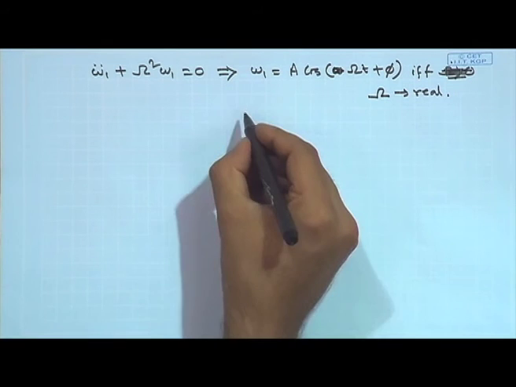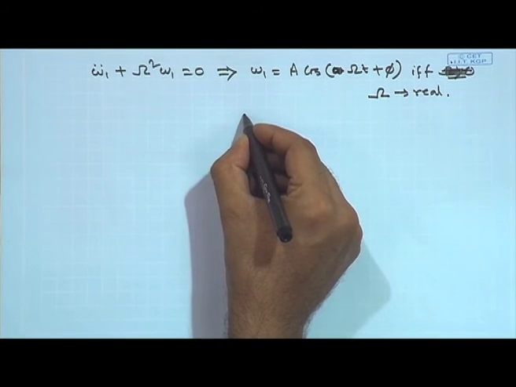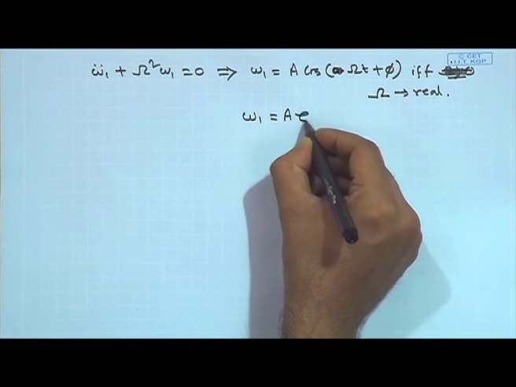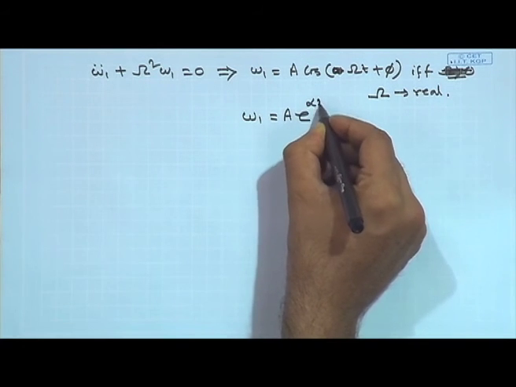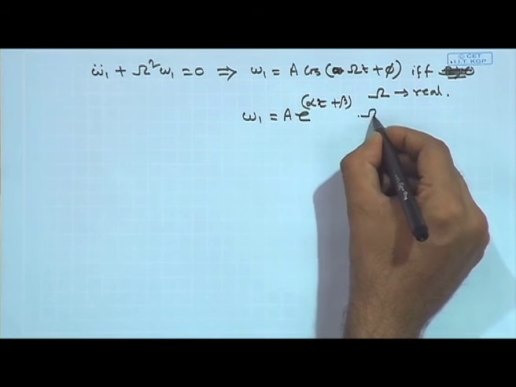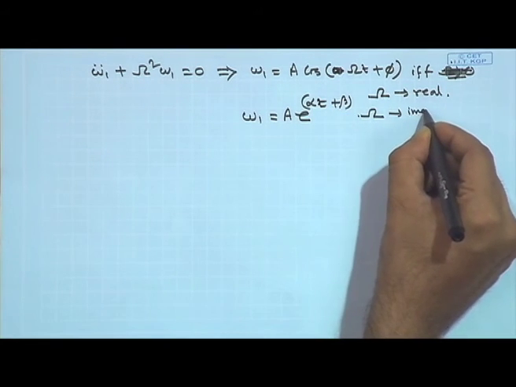And it will give you an exponential solution of the form e to the power alpha t plus beta if omega is imaginary.